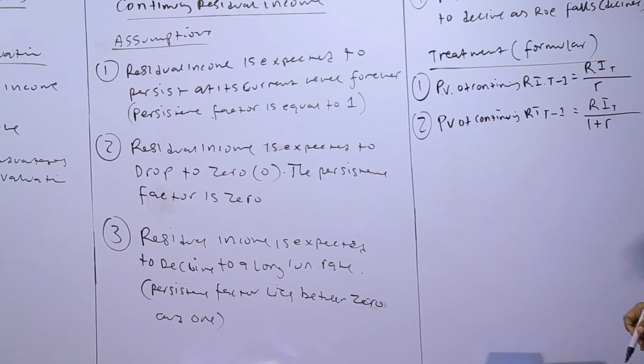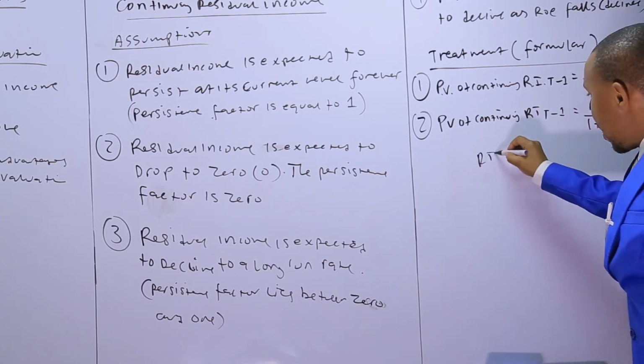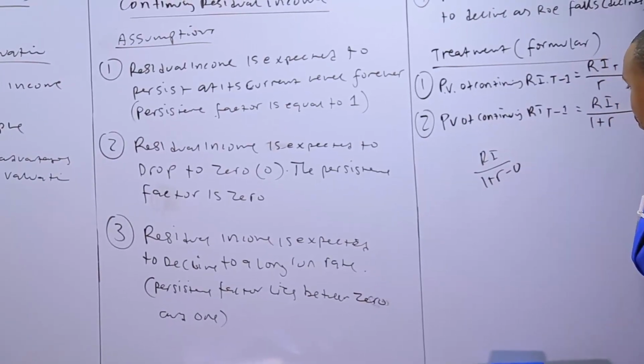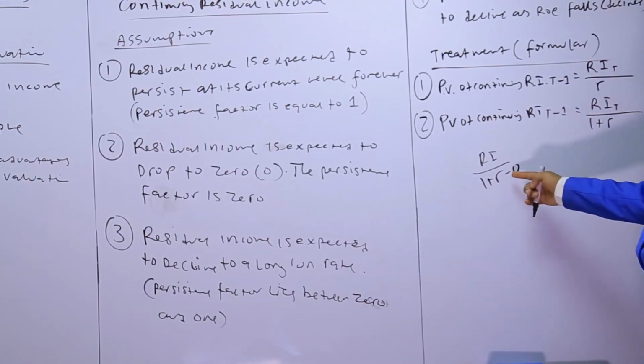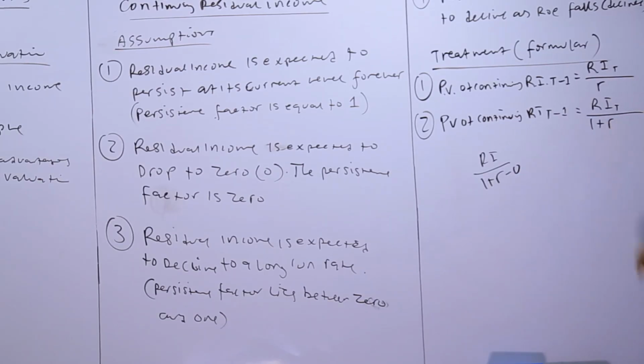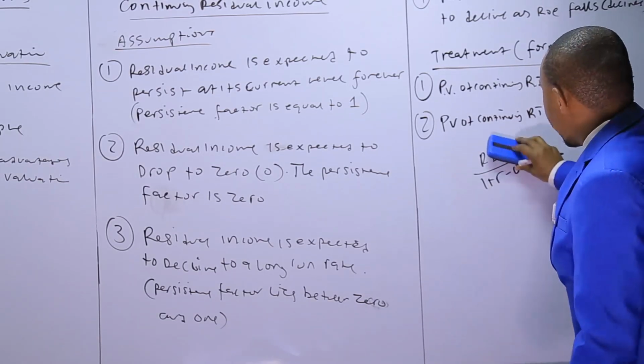So it's going to be RI over 1 plus r minus 0. What happens? 0 just goes away, so you remain with 1 plus r, and that's what we have right above.